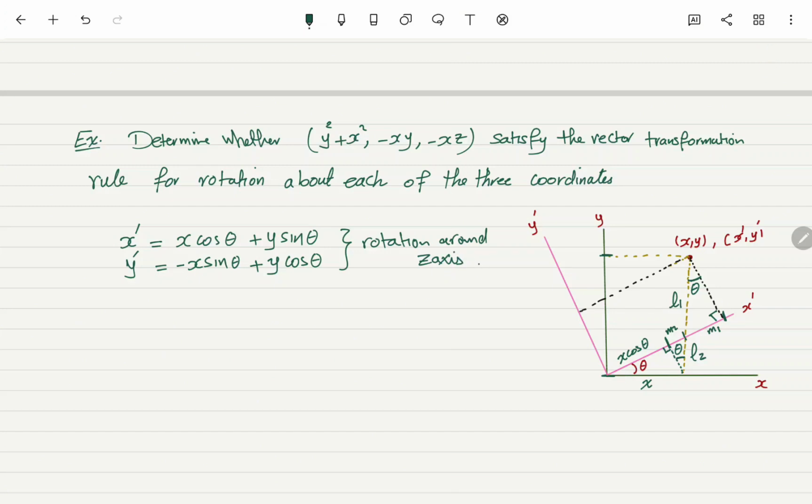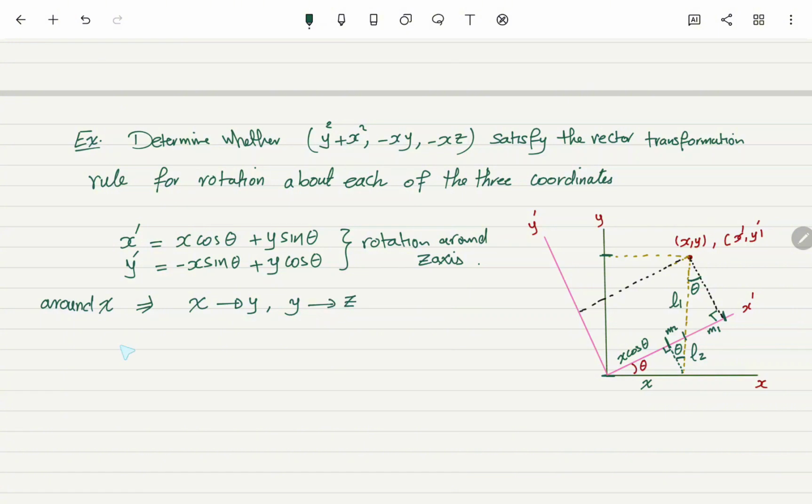But if we want to rotate the coordinates around the x-axis, we will follow the same procedure as we mentioned here, but rather than using x and y, we will use y and z. The definition will be almost the same, but instead of x, replace each x with y and each y with z.